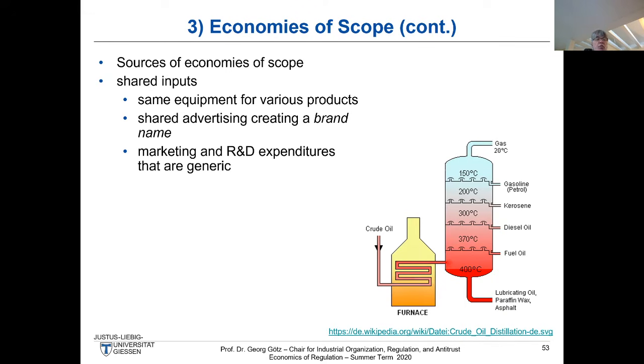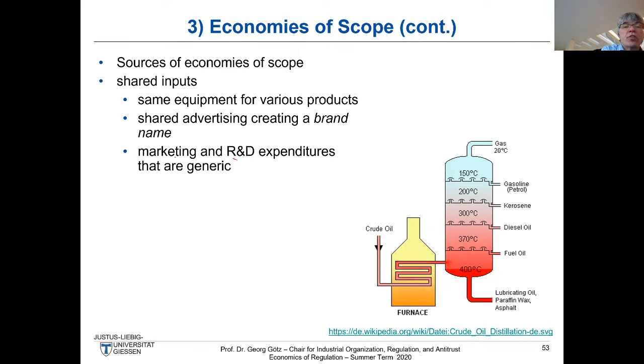So if you see a Daimler advertisement on TV, they often don't show you the exact car. They just give you some nice landscape, and then they give you the Mercedes star and so on. And of course, that then makes marketing or advertises all of the Daimler cars and maybe even the trucks.